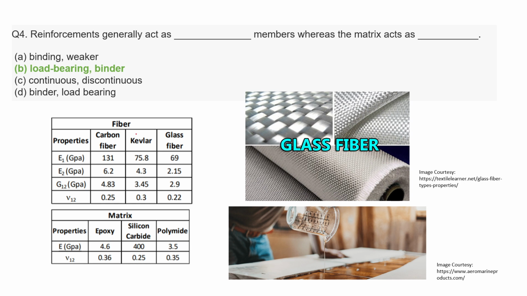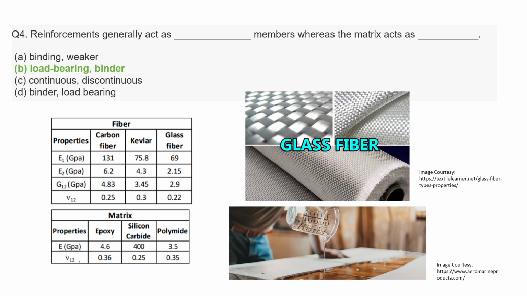You can also see in this table, which shows the properties of the fiber and the matrix, where the fiber is the reinforcement, that for different fibers like carbon fiber, Kevlar and glass fiber, the tensile modulus is so much higher: 131 gigapascal, 75.8 gigapascal and so on.